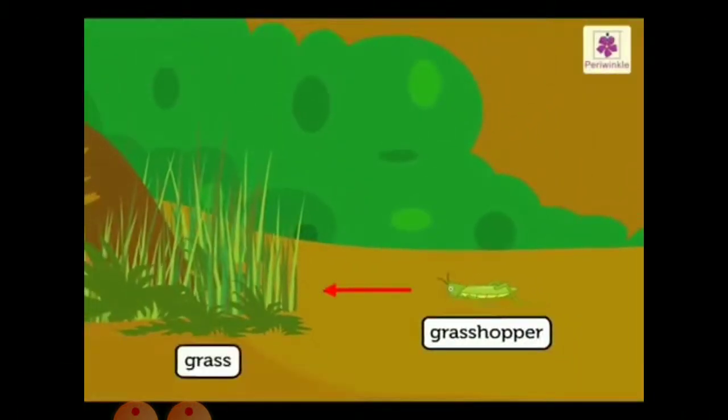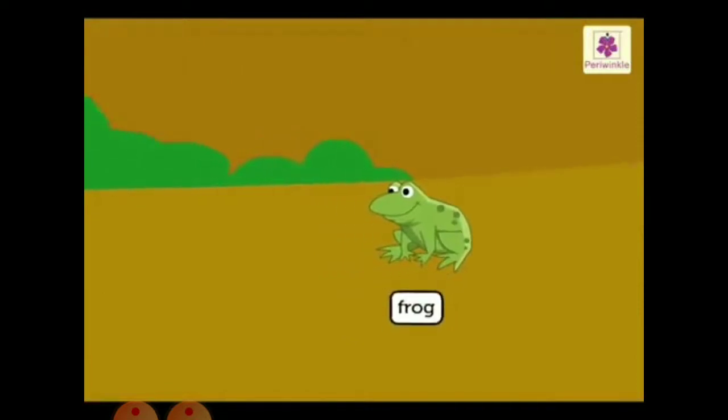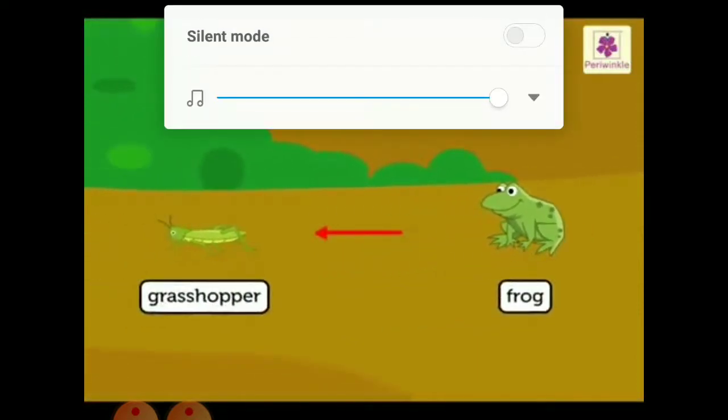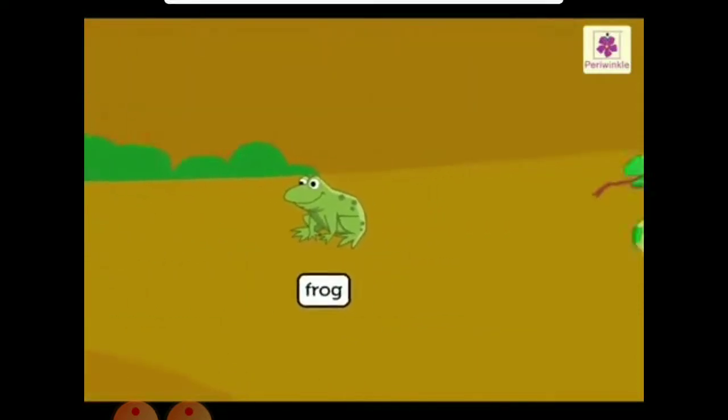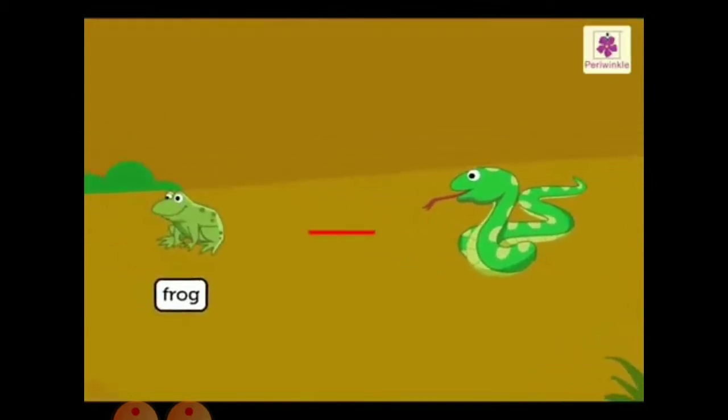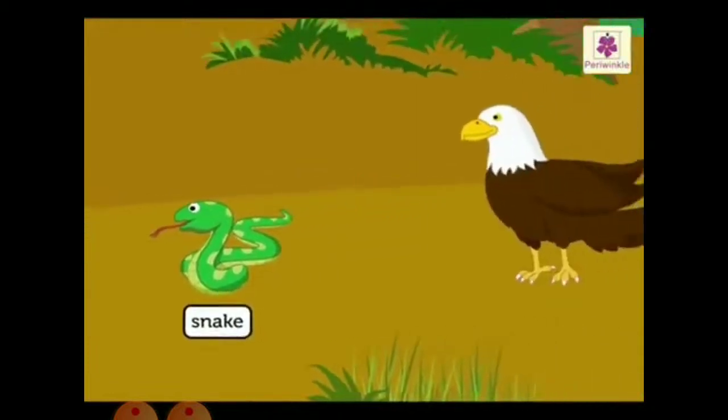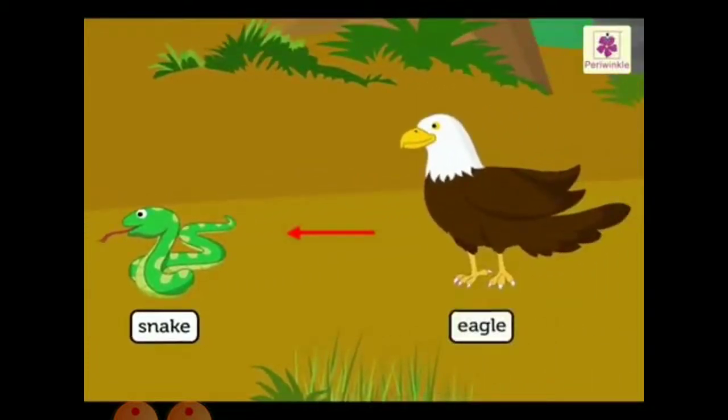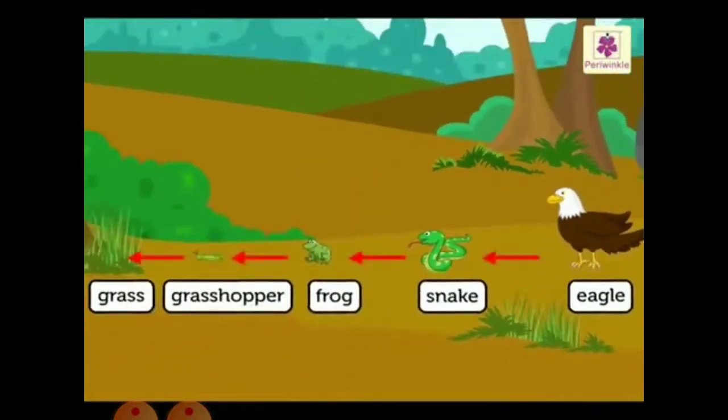Grass for its food. The frog depends upon the grasshopper for its food, who in turn becomes food for the snake. The snake finally gets eaten by the eagle. But how does this help the grass?